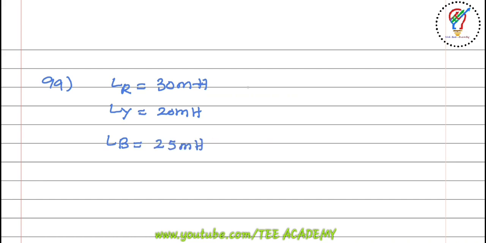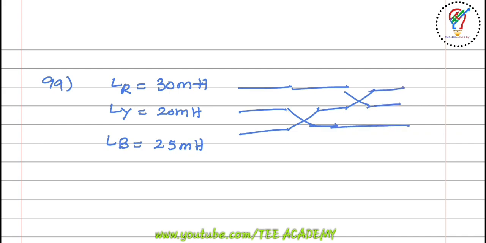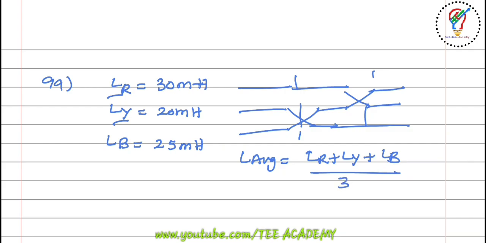When the transmission lines are transposed like this, what is the actual inductance here? Now we have 3 phases, so we take L average: Lr plus Ly plus Lb divided by 3.